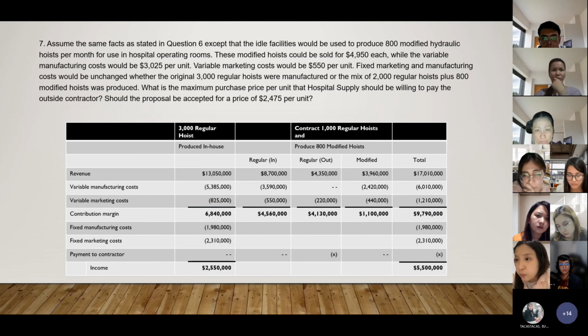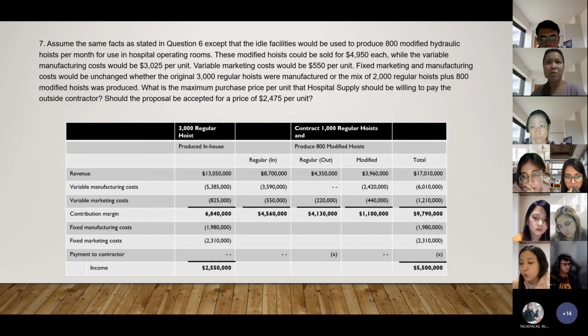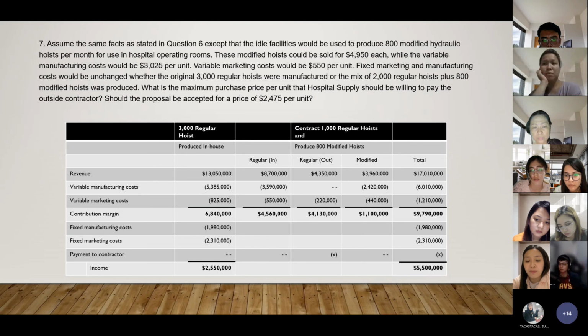And by totaling that, we get 5,500,000. So we subtract that, and we get 2,950,000, and we divide that by 1,000 units. We will get the answer of $2,950. So the maximum price that the hospital should be willing to pay the outside contractor is 2,950.